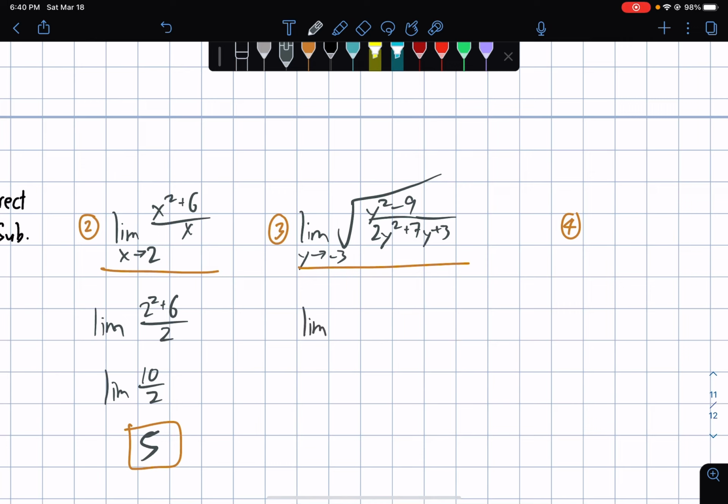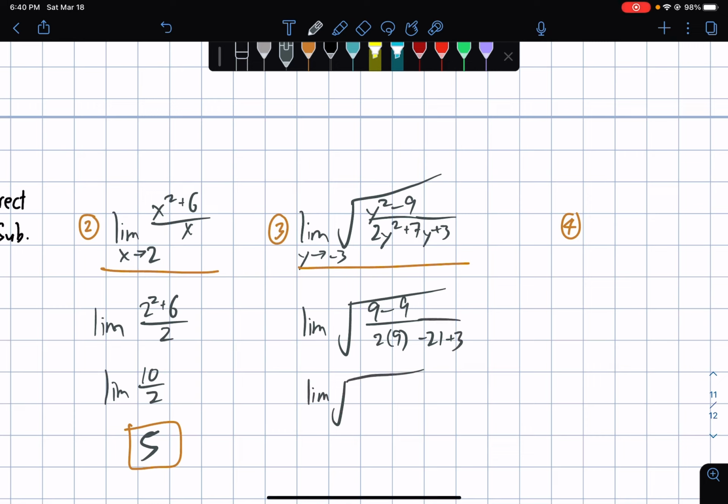Alright, limit of, I think we also substitute again. -3 times -3 is +9, so that's this, and so 9 minus 9, 2 times -3, so that's 9, plus 7 times -3, that's minus 21, then plus 3.